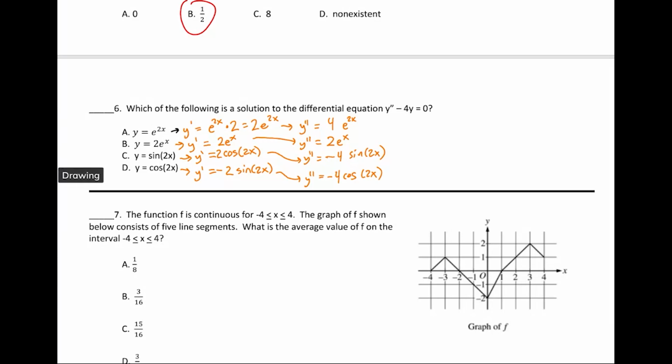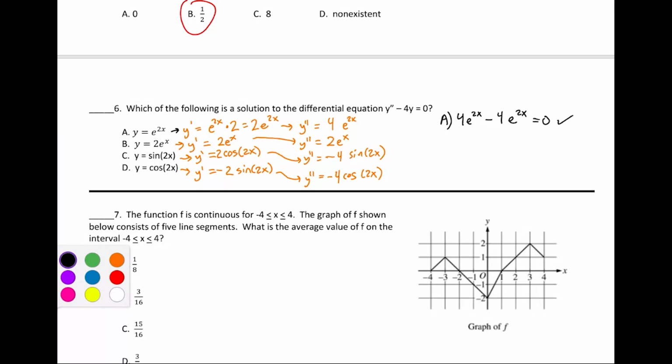Okay, so now what we're going to do is just basically plug in y and y double prime for each one of these and see which one works and which ones don't. So we'll start with A. Okay, y double prime is 4e to the 2x minus 4 times y, which is e to the 2x.